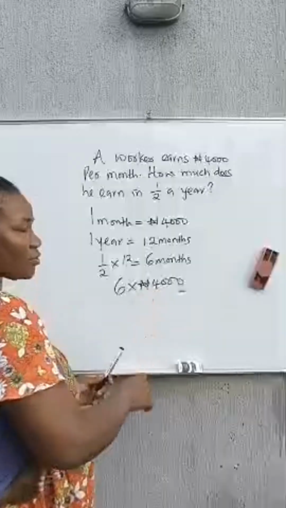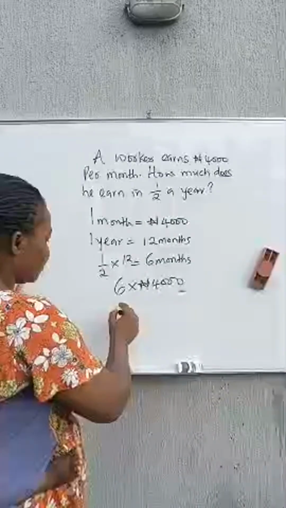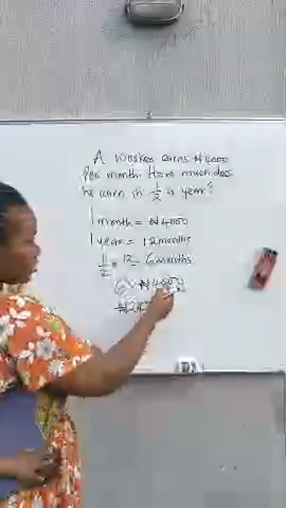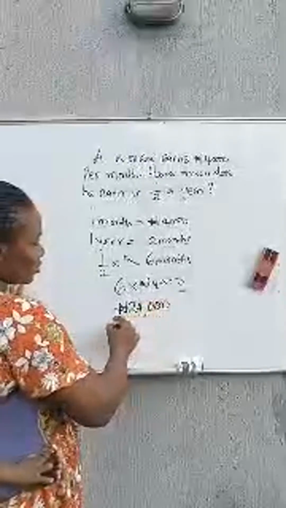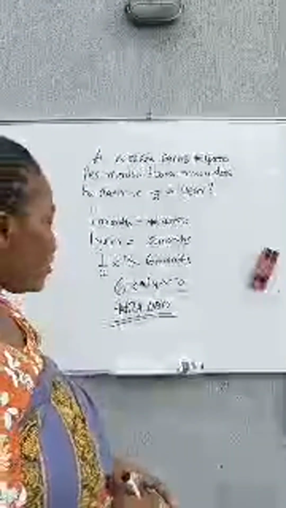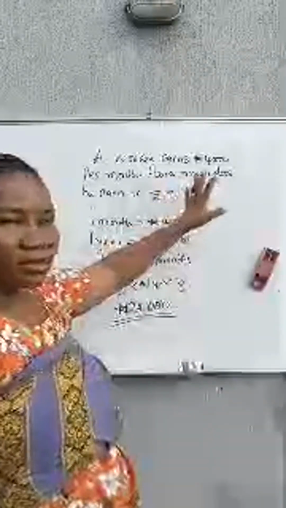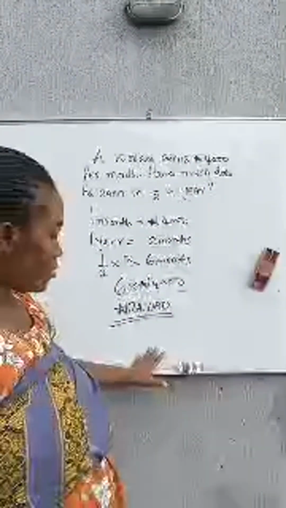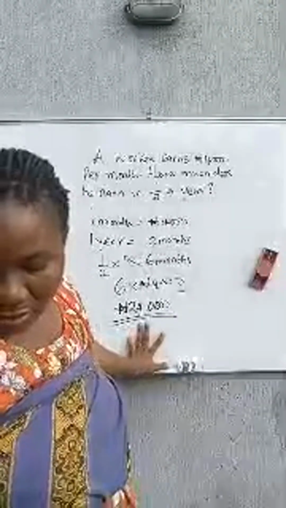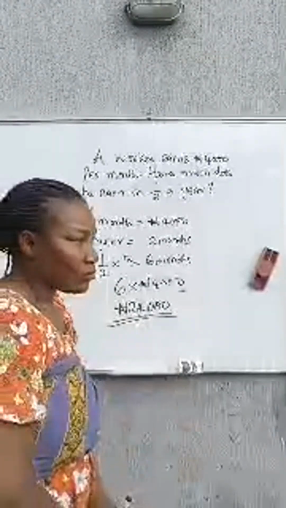So 6 times 4 is 24. How many zeros do we have? 3. Add the zeros to it. So what do we have? 24,000. So this worker earns 24,000 naira in half a year.